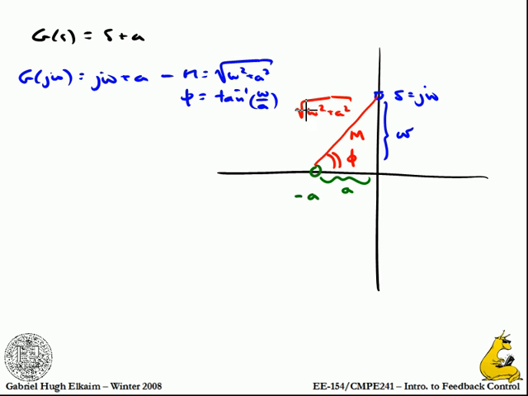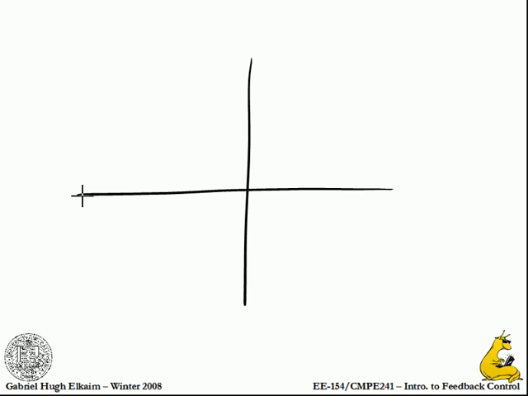So to evaluate this at any point, that's just for sliding on the j omega axis. What if I slide along, so there's minus a, so this is a.